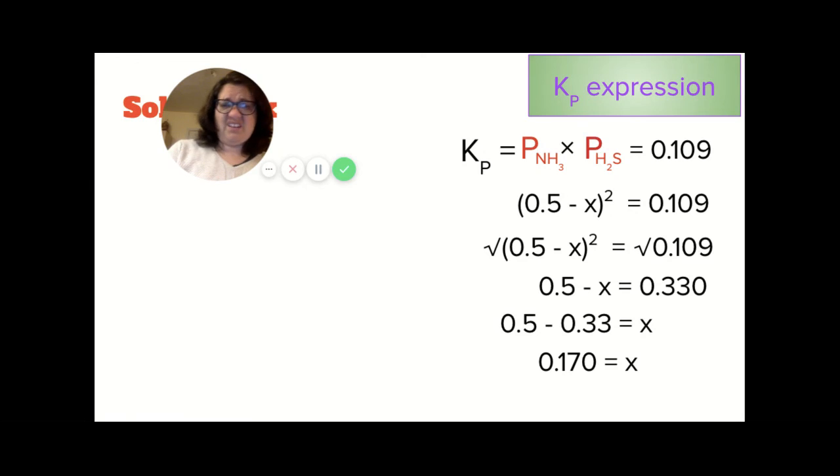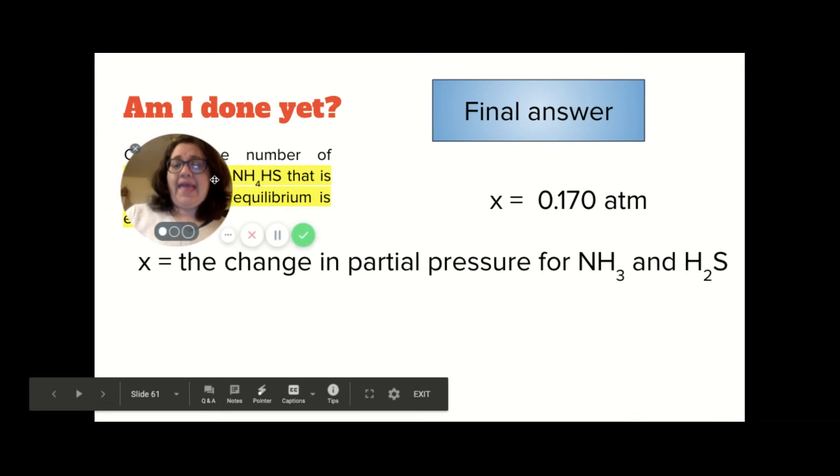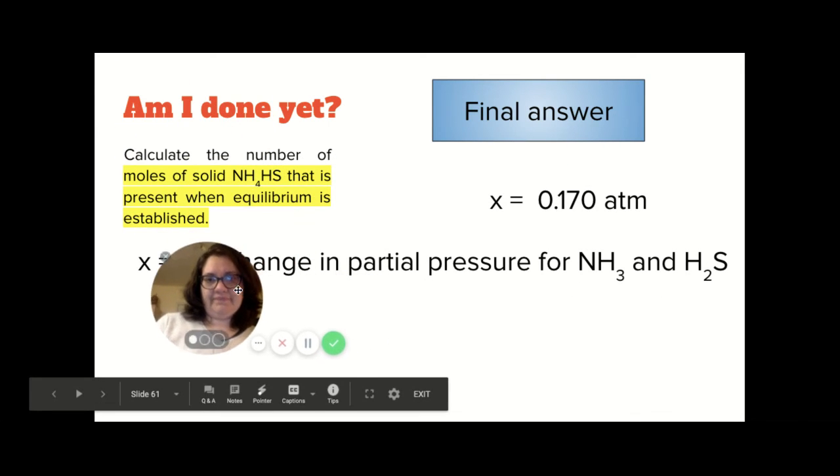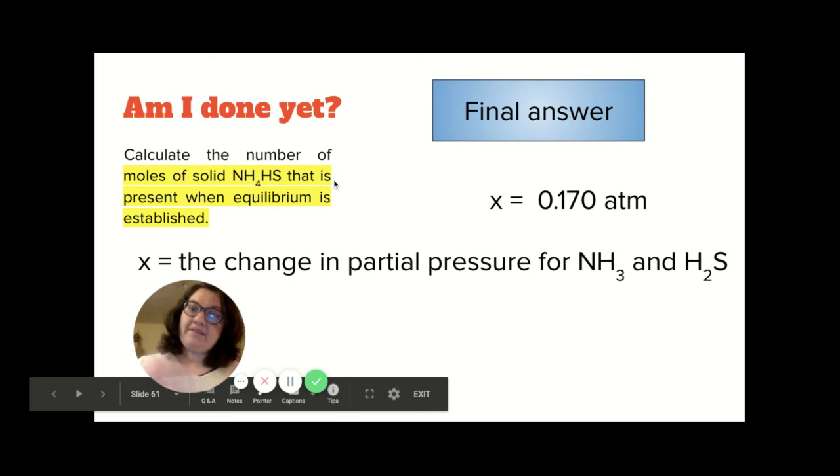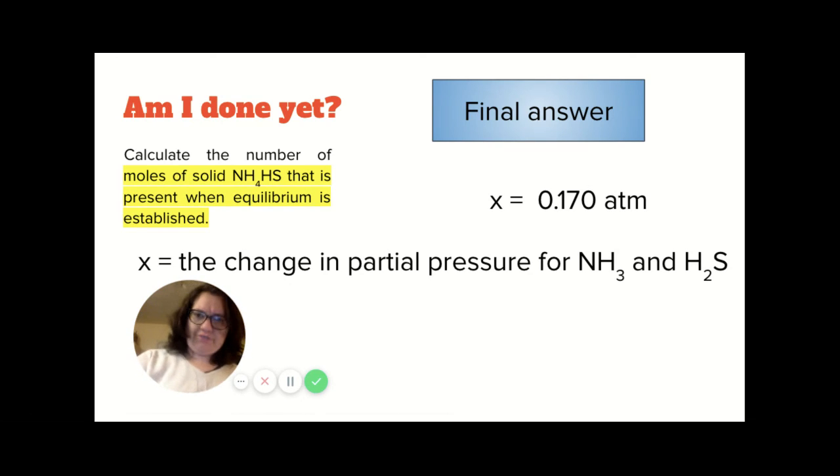Okay, are we done yet? Is this my final answer? Well, what did the question ask for? The question asked me to calculate the number of moles of solid NH4HS that is present when equilibrium is established. So, no, I'm not done. What I have is X, which was the change in partial pressures for both of the gases.